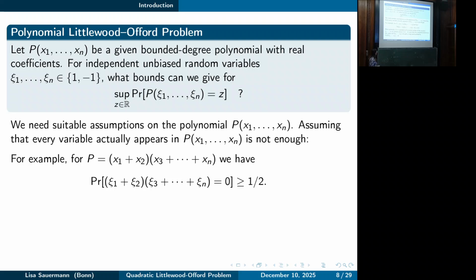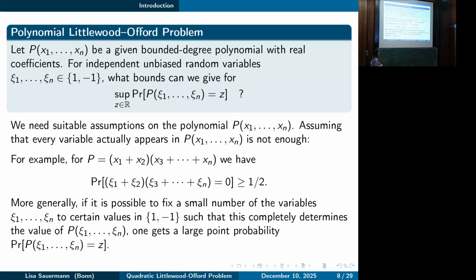If we think about this more, we'll discover that if it is possible to fix just a small number of these variables to certain values in such a way that it completely determines the outcome, depending on the structure of the polynomial, so that all coefficients of the remaining variables cancel out and the value of the polynomial is completely determined, then that will automatically lead to a rather large point probability, right?